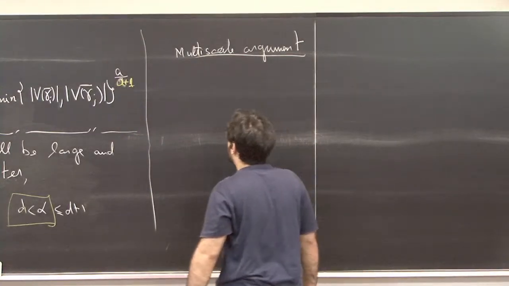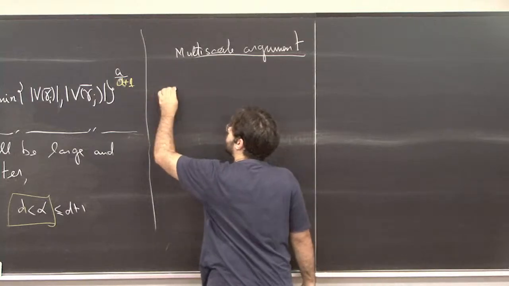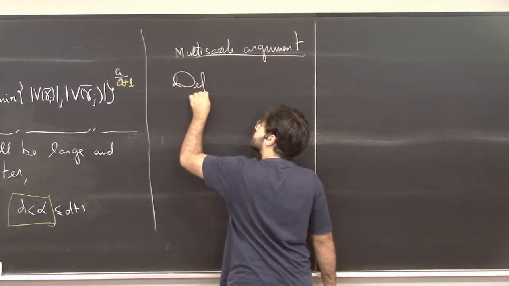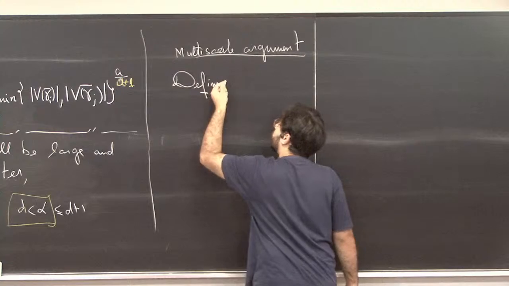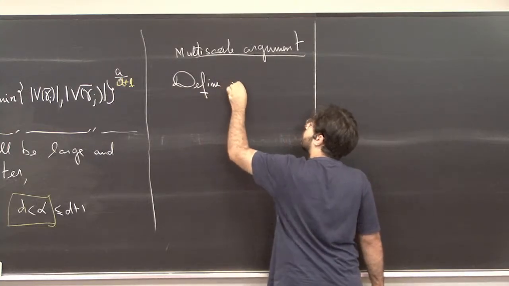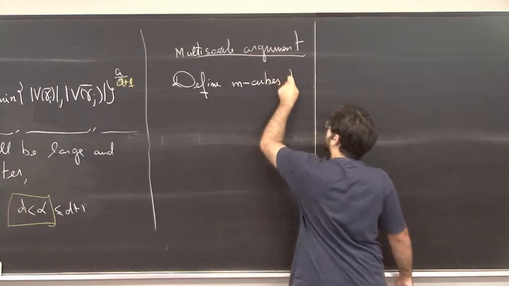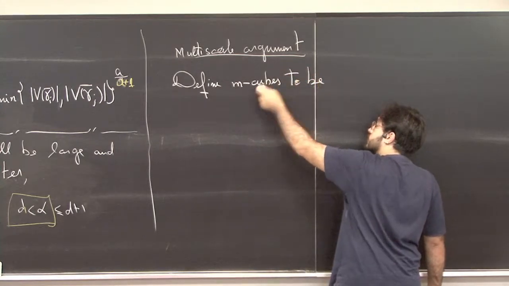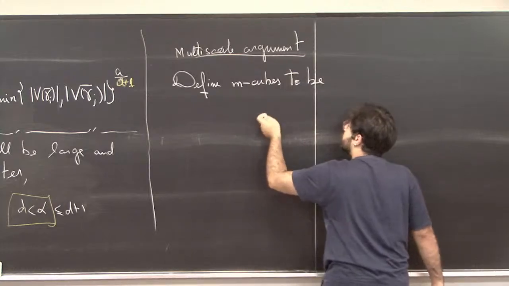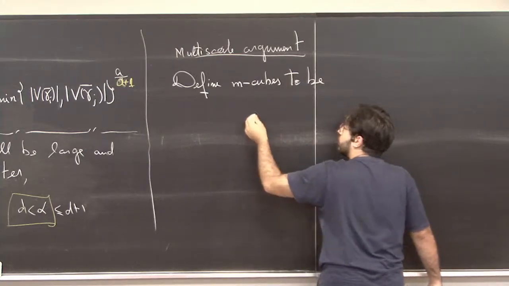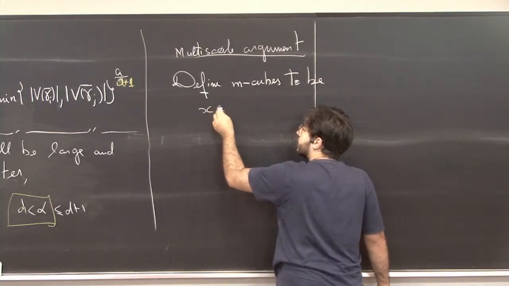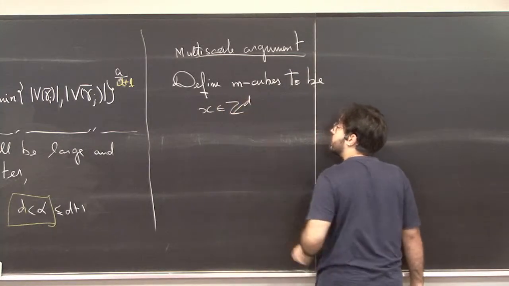So first, we need to define some cubes. Define what we call the m-cubes to be the following sets. They depend on x, a point in Z^d.